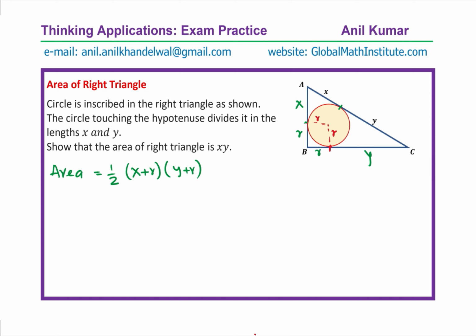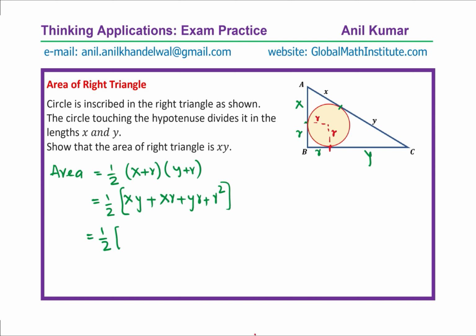So if I expand this, what do I get? I get half of xy plus xr plus yr plus r square. And that gives you half of, let's put this in brackets, right? It should be.